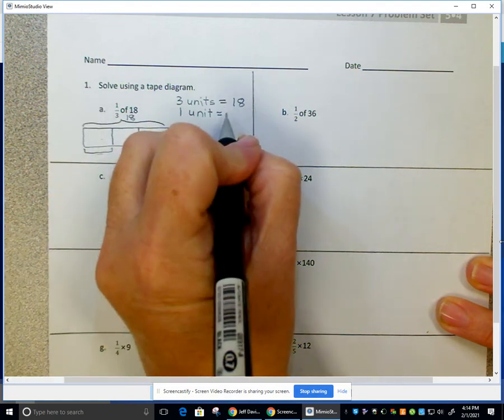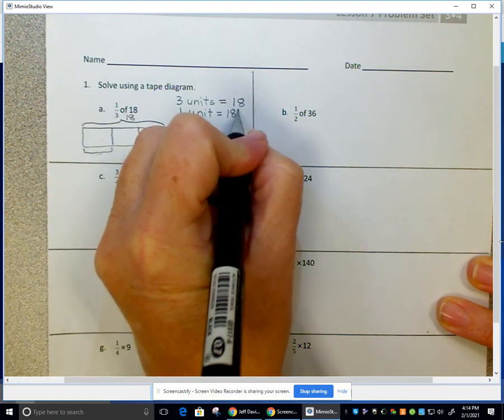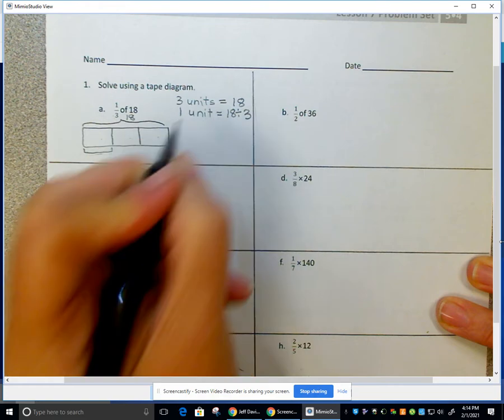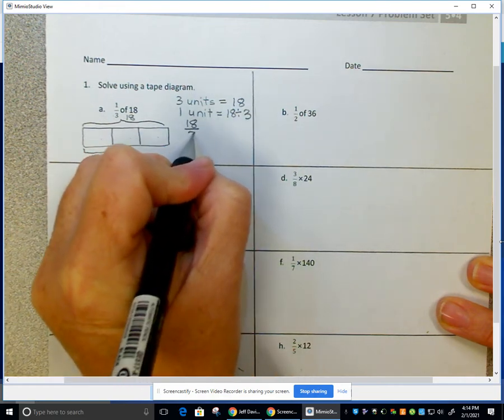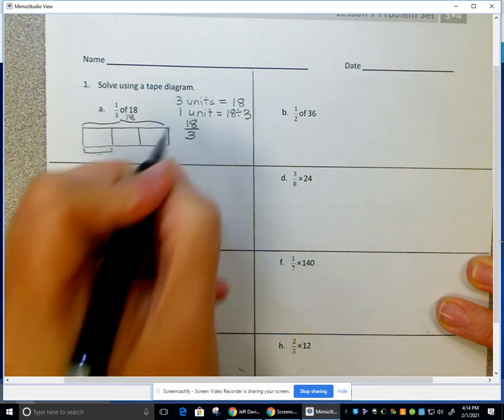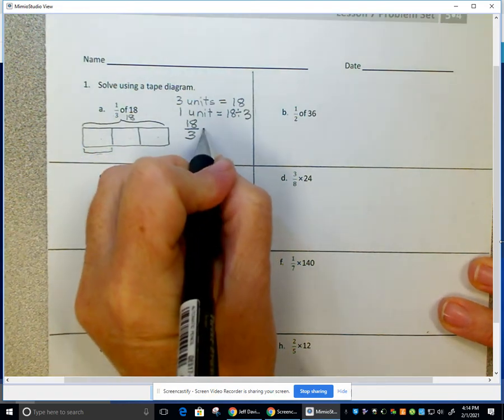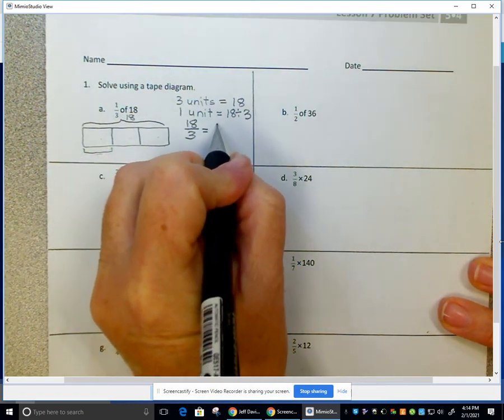We have 3 units. So that'll be 18 divided by 3. And we know that as a fraction looks like this, right? 18 divided by 3. And that equals 6.